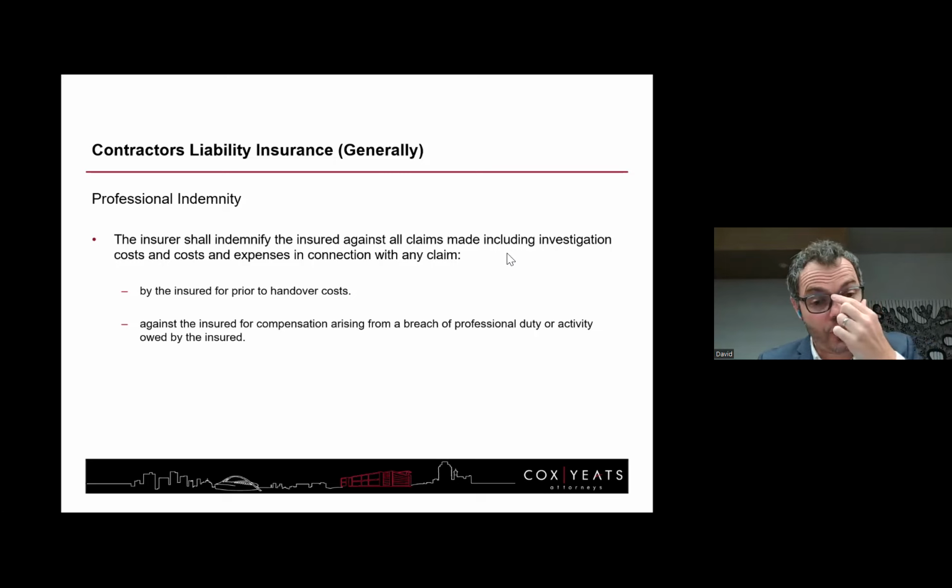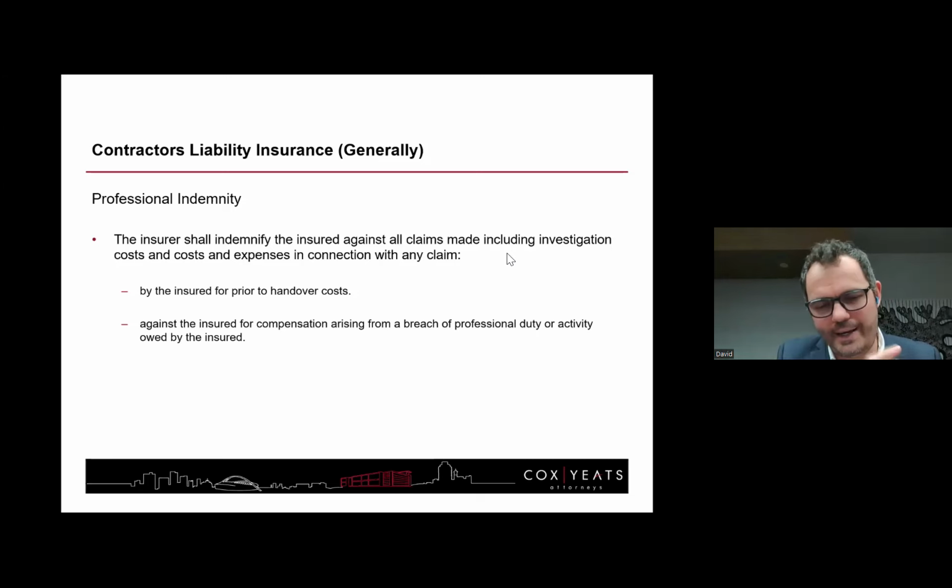That contract, for example a proper GCC contract with proper contract data, will set out who's designing, who takes on responsibility, who's insuring, and that contract will dictate all of those things. If that contract is comprehensive, depending on who has design responsibility, it will dictate who should take out the insurance and who should be liable.